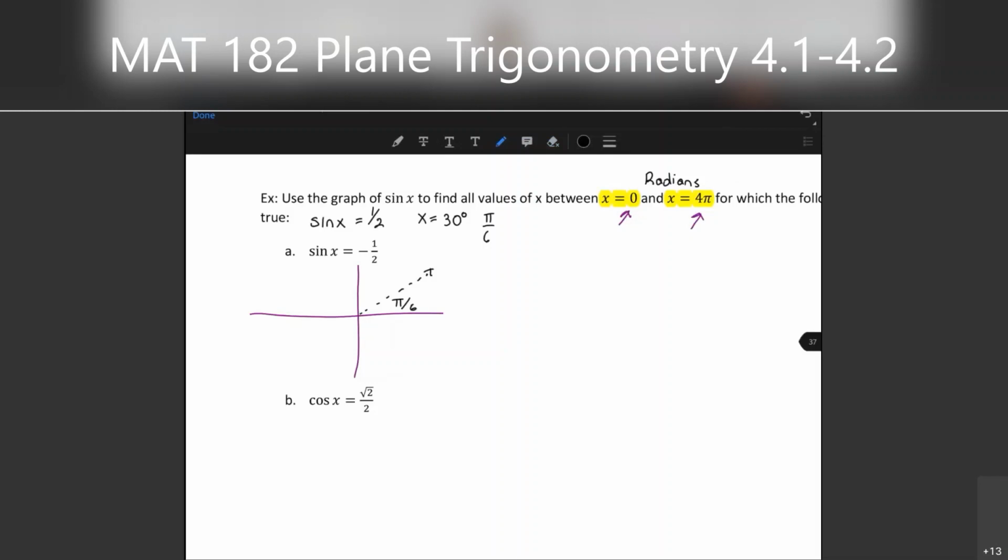So we have the positive part, but what 2 quadrants are going to give us a -1/2, or negative? That's what we're searching for. What 2 quadrants would we be looking in? 2 and 4. So our sine function is definitely in 4.